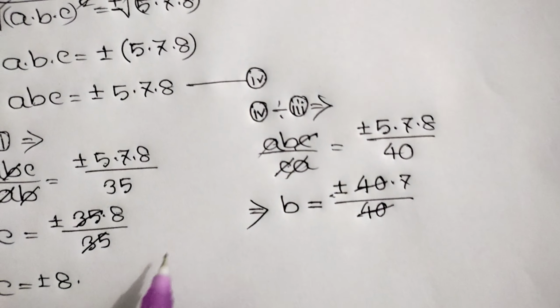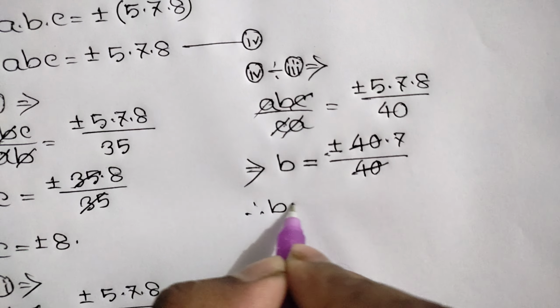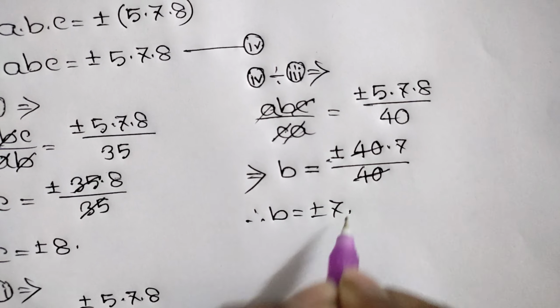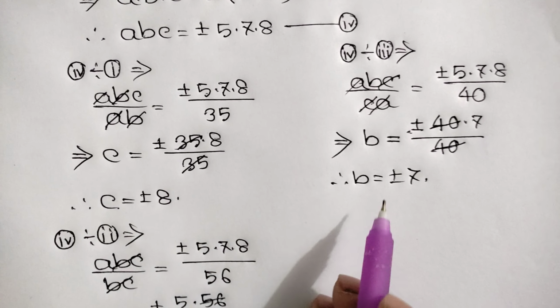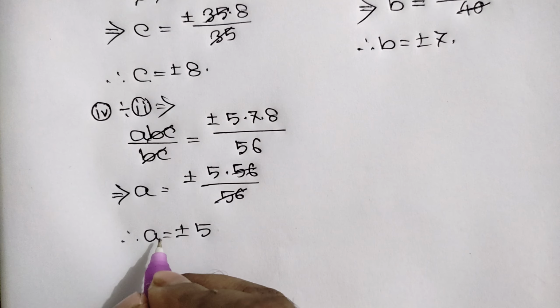Now 40 cancels out 40, so the value of b is equal to plus or minus 7. So we have found out c, b and a.